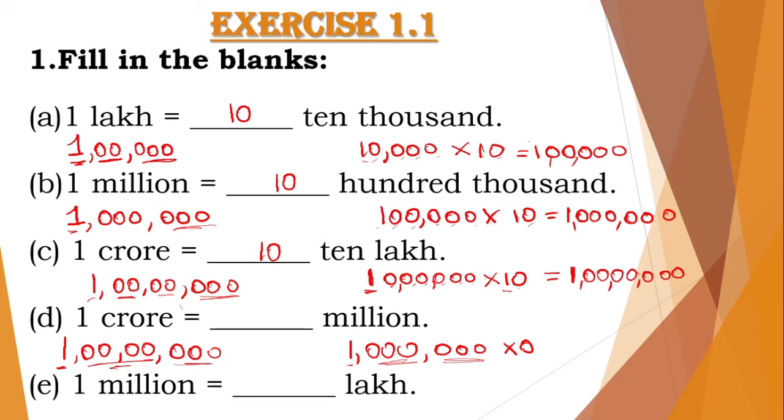So if we multiply it with 10, again we should multiply first 1 into 1. So 1 into 1 is 1 only. Now let's check the zeros. So we have 1, 2, 3, 4, 5, 6, 7. So we have 7 zeros. Right. Now let's add the 7 zeros.